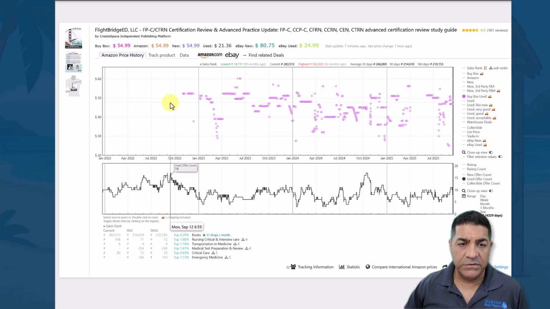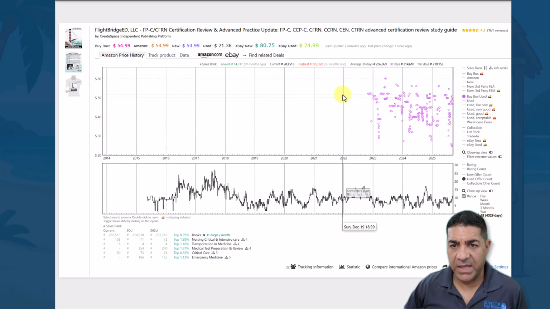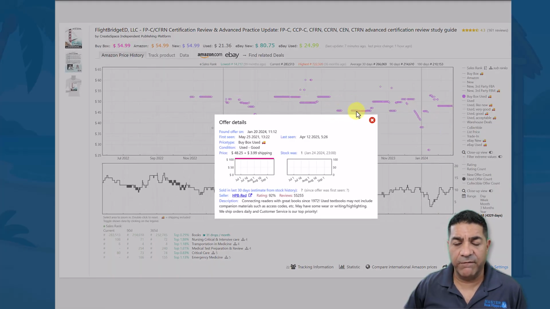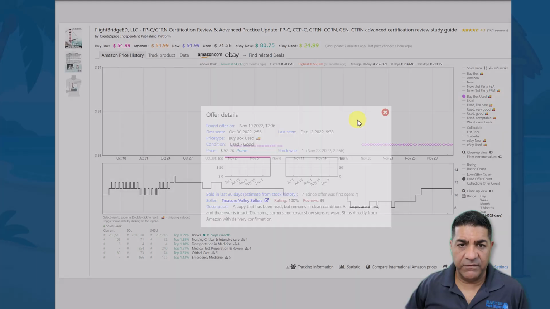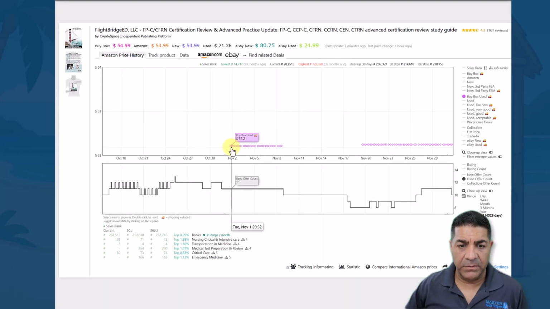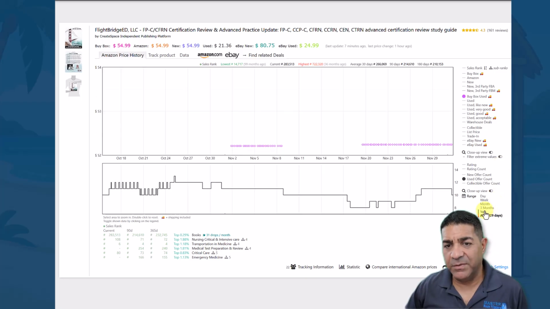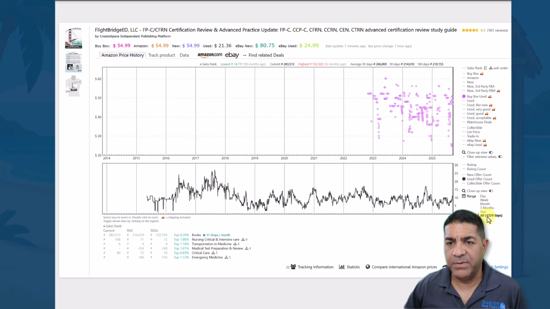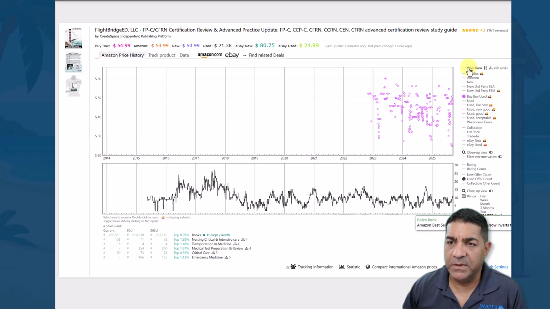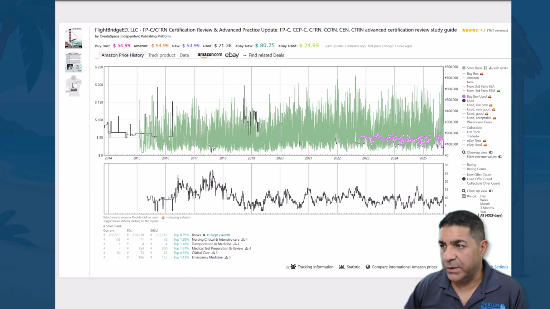You might wonder why I don't see it way past here. Because on November 1st, 2022, that's when it first started to appear. Typically you don't need to go back that many years to see what had happened. Usually the last couple of years is sufficient. But that's one thing you want to know about the Keepa chart that I didn't reflect earlier.